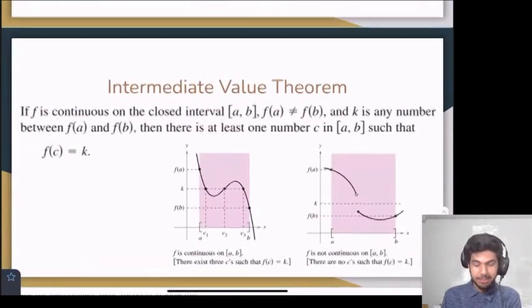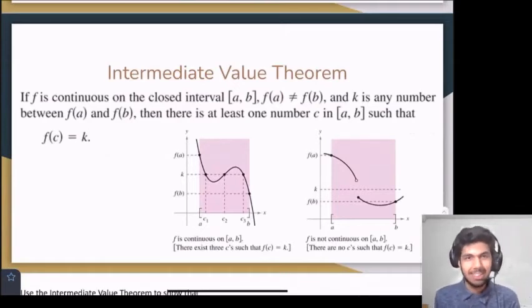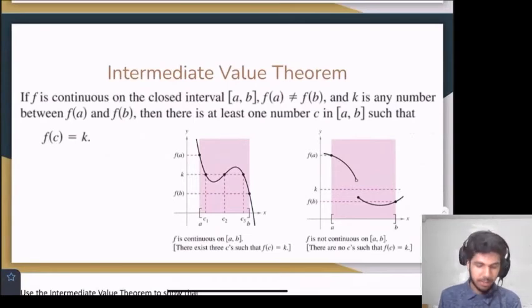Now we have the intermediate value theorem. This one's quite important too. There are always multiple choice questions on the AP exam about the intermediate value theorem. So we have f is continuous on the closed interval a comma b, and f of a does not equal f of b.